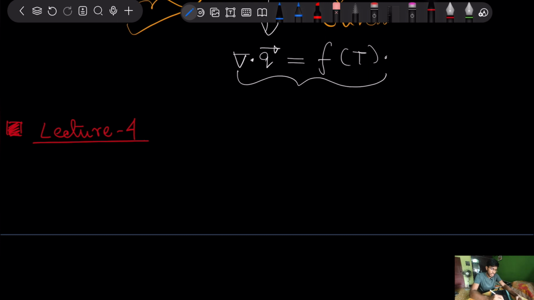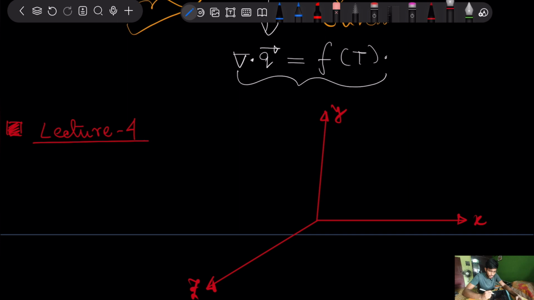Now I will draw the coordinate axis here. So this is my coordinate axis: this is x, this is y, and this is z. For a Cartesian coordinate, we generally take the control volume as a cube, right? Let me draw it by straight lines only.